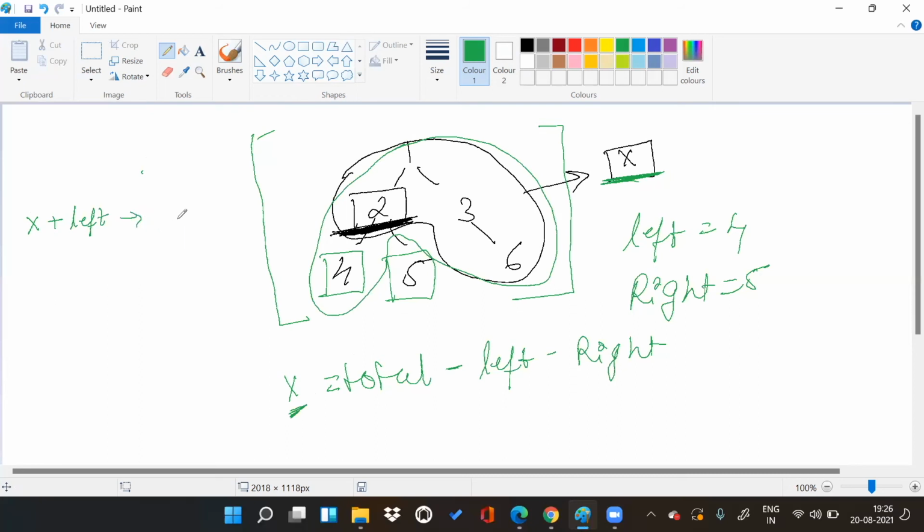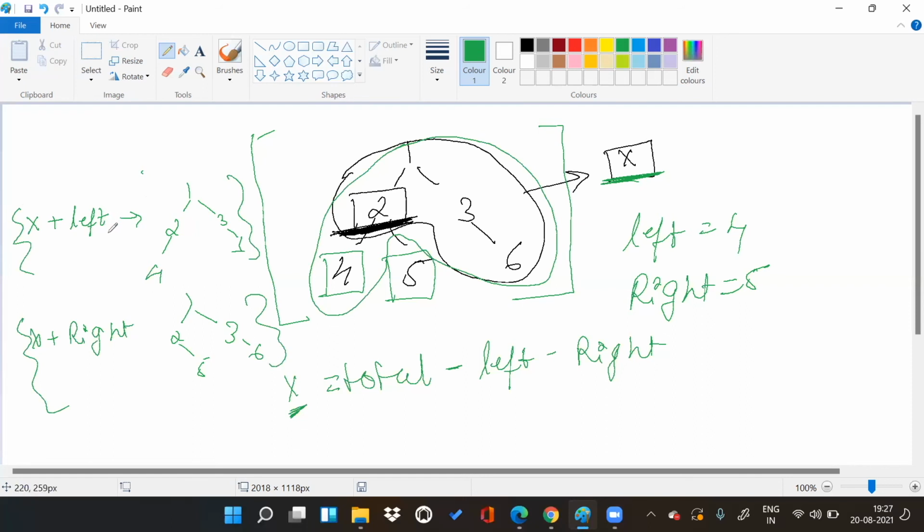If we are doing this, this basically means that our subtree looks something like this now. And if we are doing x plus right, this basically means that we have made a sum that looks like this. So if this is the first case and this is the second case, the corresponding left out subtree would be 5 in this case and 4 in this case, right?